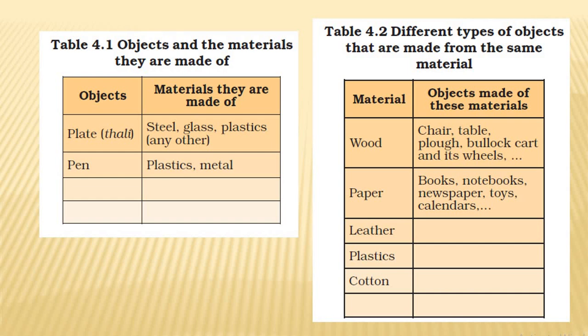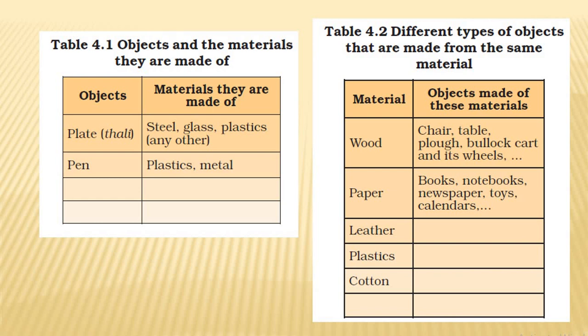Table 4.1: objects and the materials they are made of. Here there are some objects given like plate, thali, and the materials they are made of are written here. For example, steel, glass, plastics.